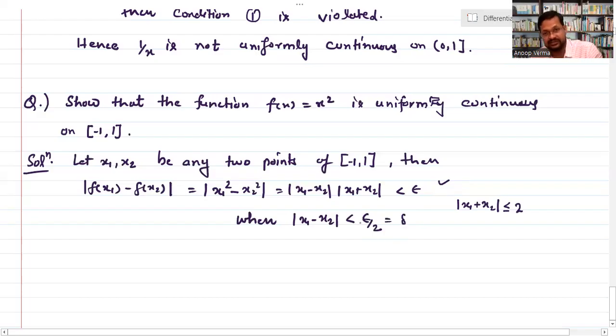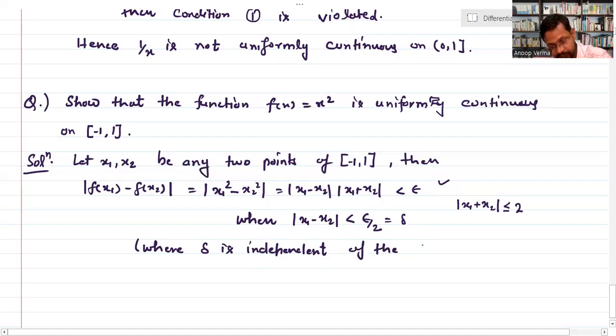So it means here delta is not depending on the points, where this delta is independent of the choice of x1 and x2.